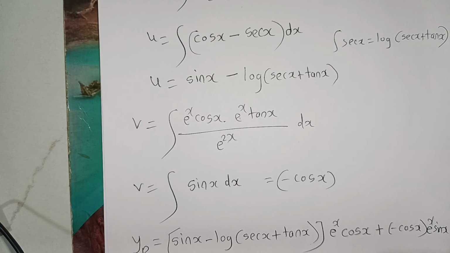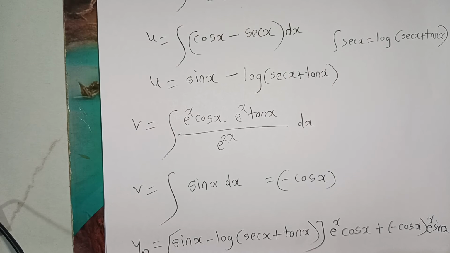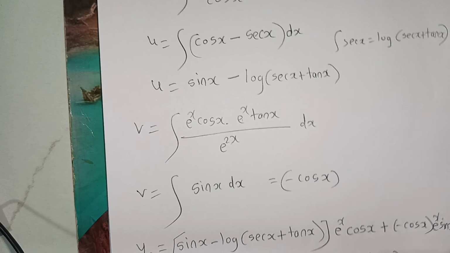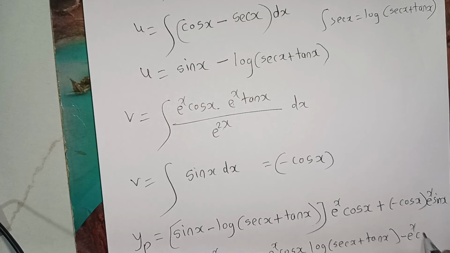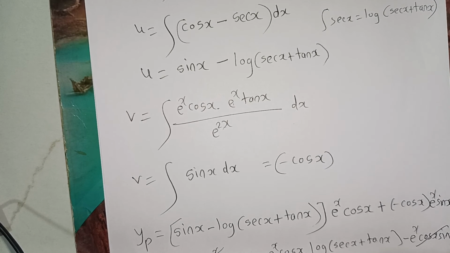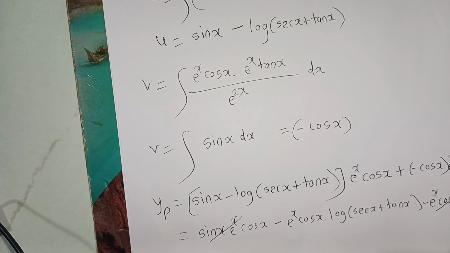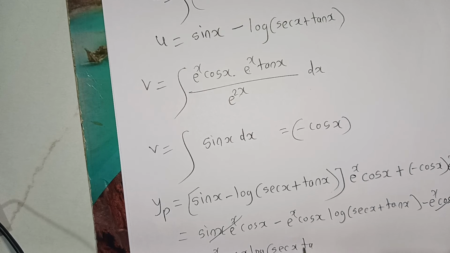So this is equal to sin x e raised to x cos x, minus e raised to x cos x log of sec x plus tan x, minus e raised to x cos x sin x. So this is the same function with opposite signs, so this will get cancelled. Yp is equal to minus e raised to x cos x log of sec x plus tan x. This is your final answer.